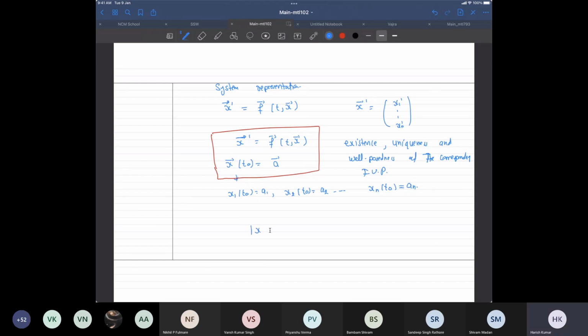If you have a scalar x and another scalar y, then you know what this is. This is basically nothing but the absolute value of x minus y, when x and y are both in R. But this is not the same when you go to vectors.